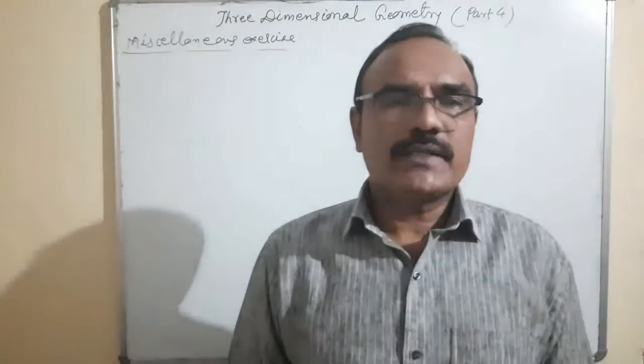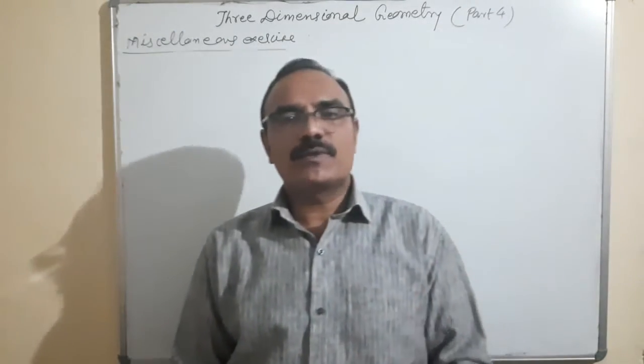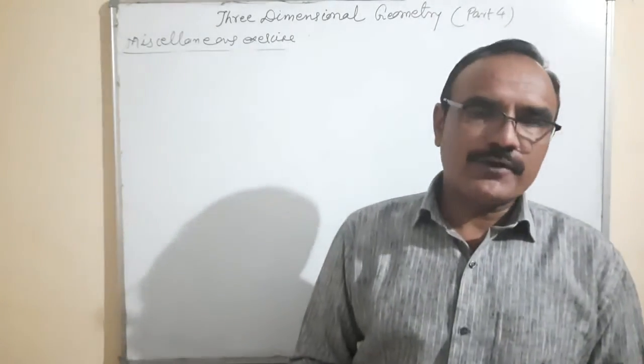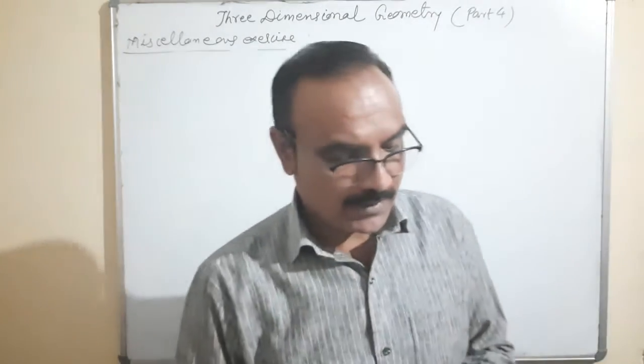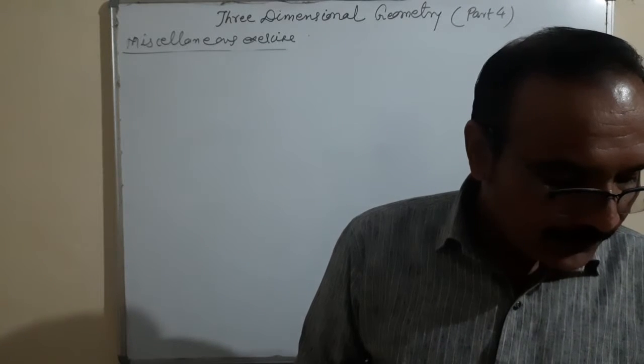When we are given the direction ratios directly, we can use the formula cos theta is equal to a1 a2 plus b1 b2 plus c1 c2 upon under root a1 square plus b1 square plus c1 square, under root a2 square plus b2 square plus c2 square. So that can be solved directly. There is no problem for you.